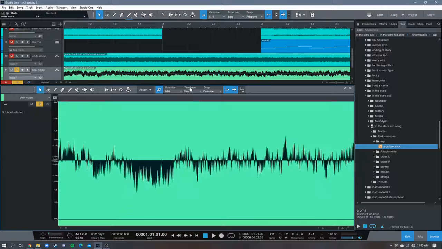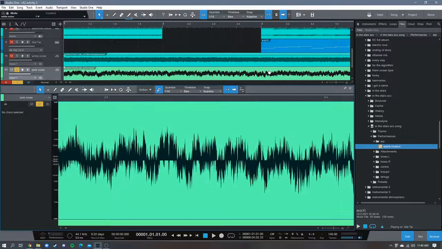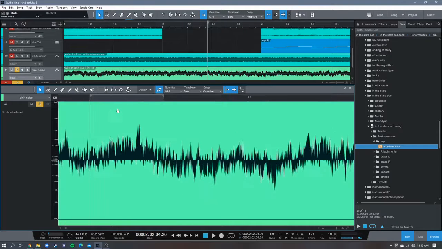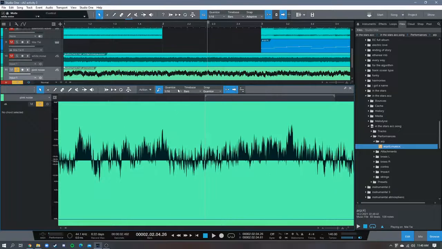Waveform looks pretty much the same. It doesn't center around 0, or I guess that's 0. What is this? Negative infinity. Right in the middle. I'm not sure I know the terms for that, but it's not as centered as the white noise is.